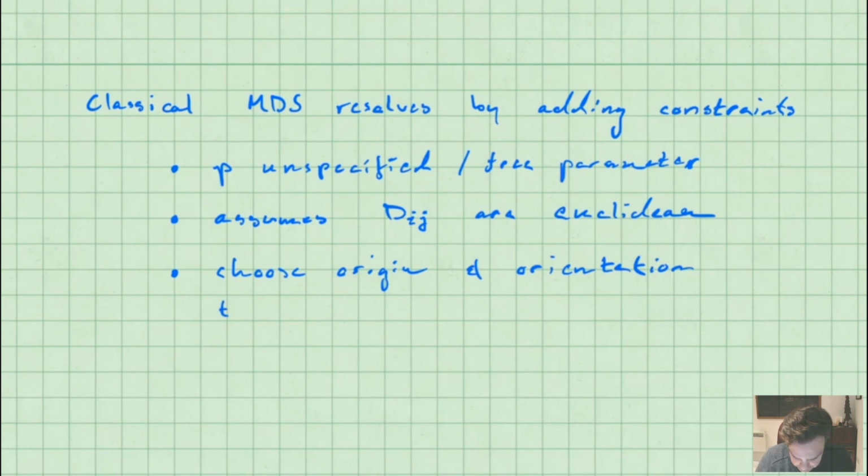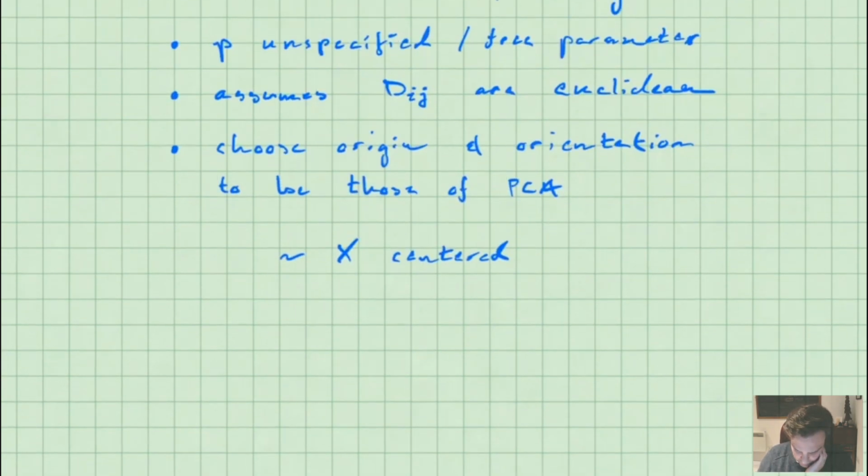It chooses these to be those from principal component analysis. Okay, so what does that mean, right? So first of all, it means that you put the origin in some place so that the X matrix is centered. So X is centered. And that gives you a bunch of constraints. That says that the sum over i equals 1 to n of X row i, column k is equal to 0 for all k.